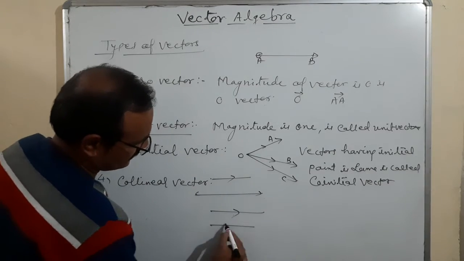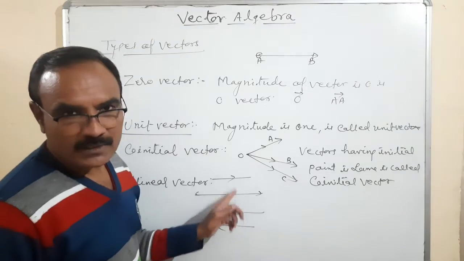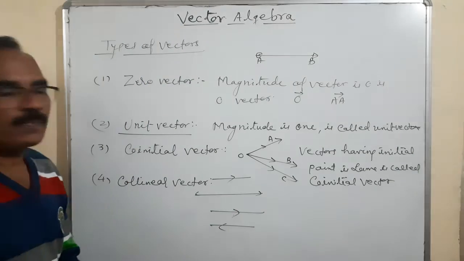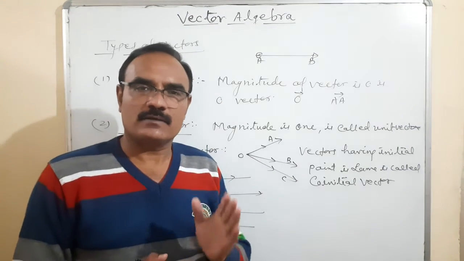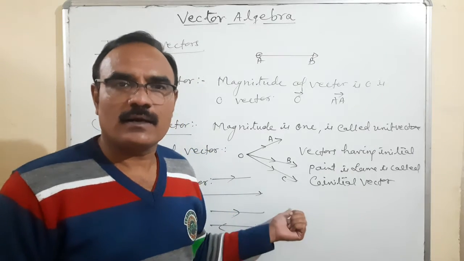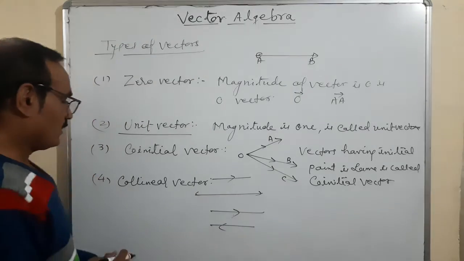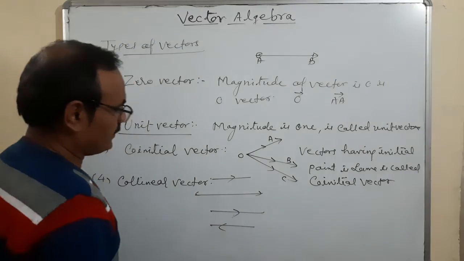So all these vectors which are parallel to this line are called collinear vectors.